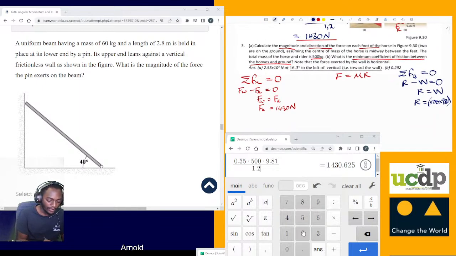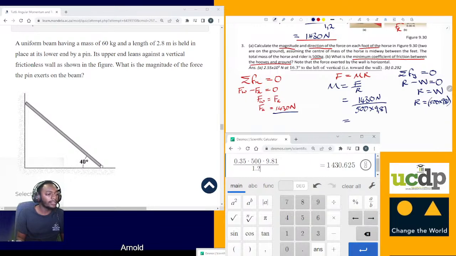All right. So now let's find the coefficient of friction. Mu is equal to F over R. So that becomes the force, which is the frictional force, we said it's 1430 newtons over the reactional force, which is 500 times 9.81.